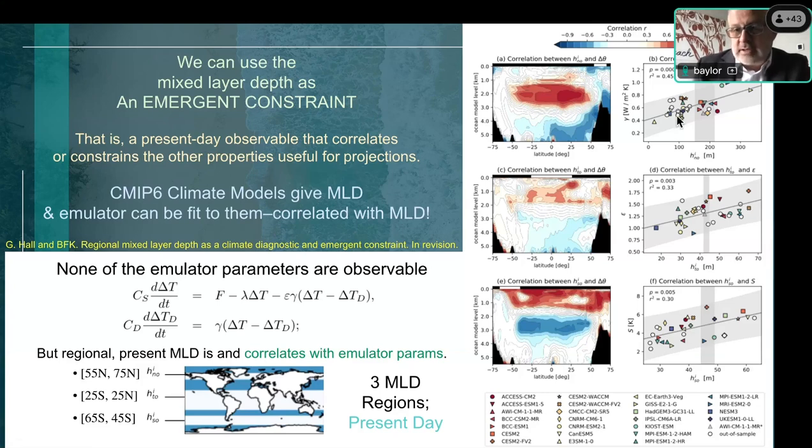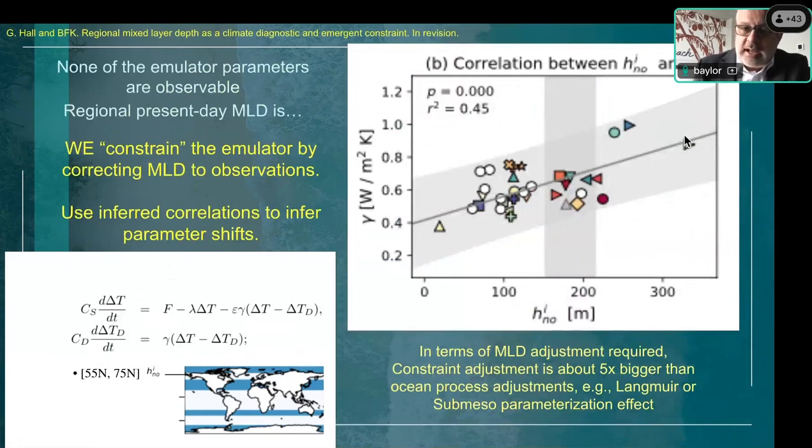So we use that fact to do something called an emergent constraint, which is where we constrain, that is, slide all the parameter values of those models by moving them toward the observed range of mixed layer depth for each of the different regions. And that gives us a new ensemble of emulators that are matched to the CMIP ensemble. But it's like the thought exercise, what could we do if we could fix the climate model so that its mixed layer depth was correct, rather than biased the way that they are?